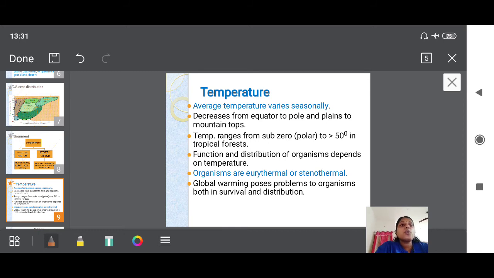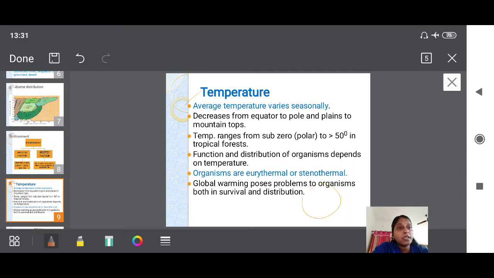Abiotic factors determine the community and the population, and the biome is dependent on all these abiotic factors as well. So how does temperature influence the community or the population? Number one, average temperature varies seasonally. Yes, you can find that summer is different from winter and rainy season. It decreases from the equator to the pole.